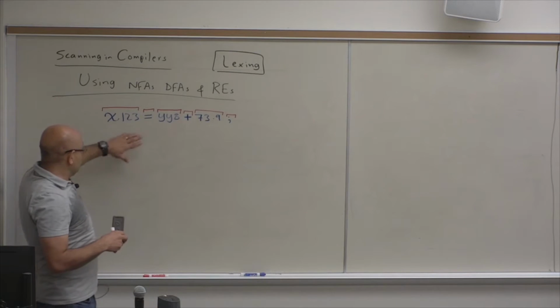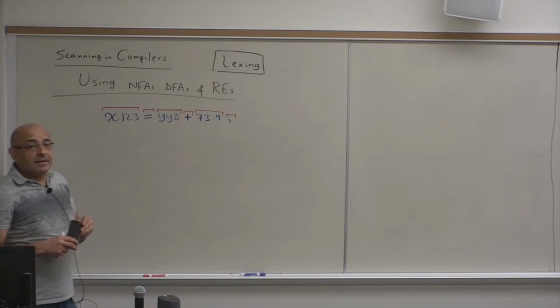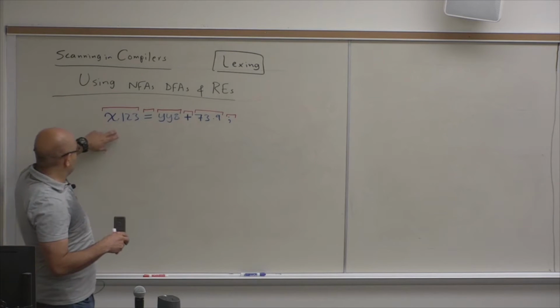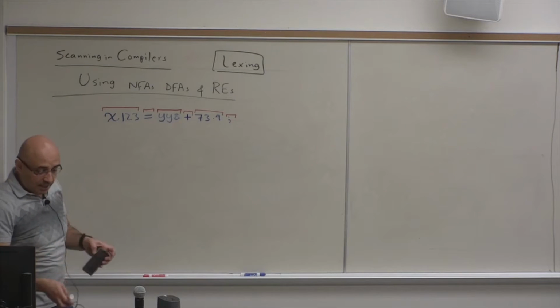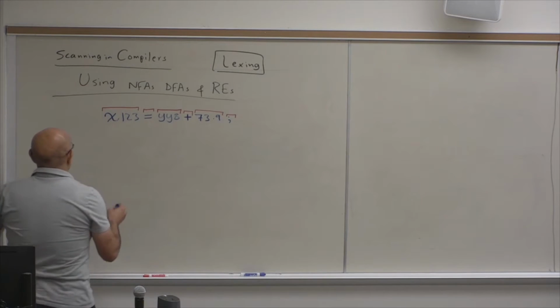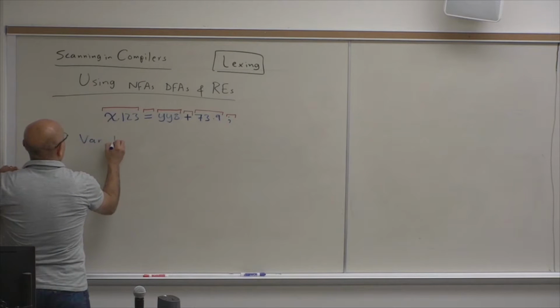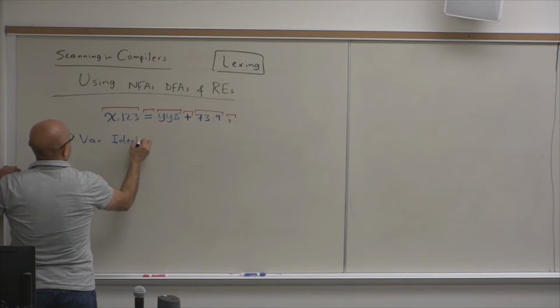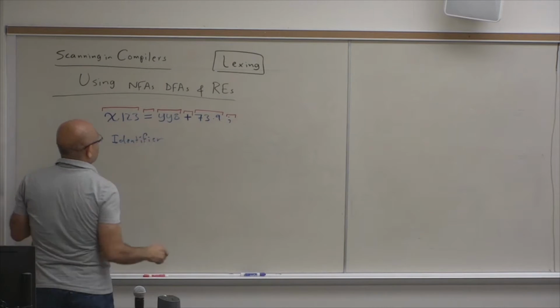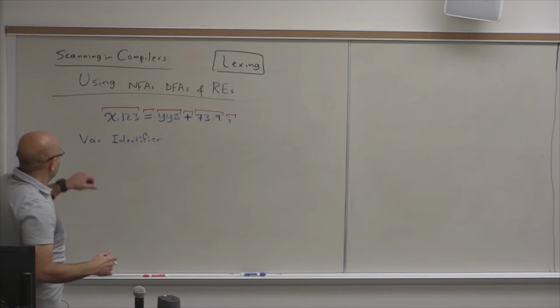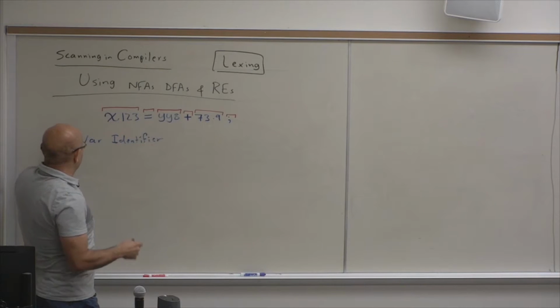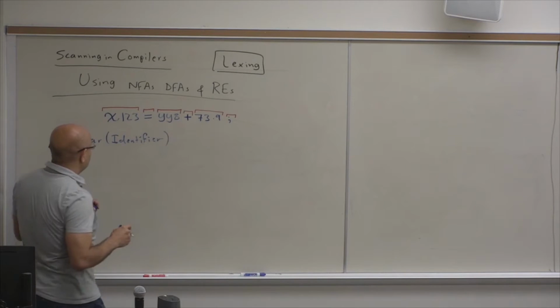Now, how do we do this? How is this done in a real compiler? People simply construct a regular expression to describe each one of these, like a variable name or identifier. There is a rule defined using regular expressions, as we will see in a minute, to define what a variable name or an identifier can consist of.